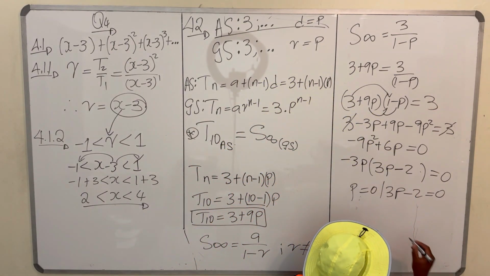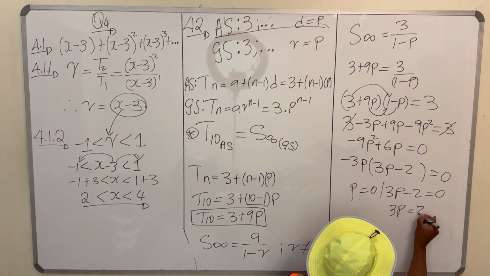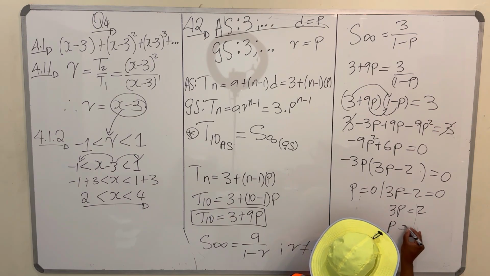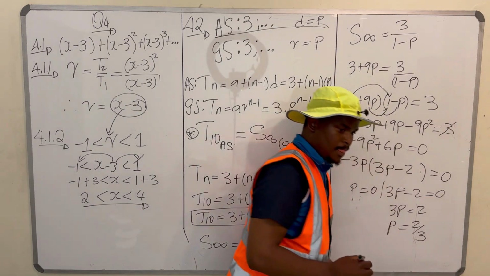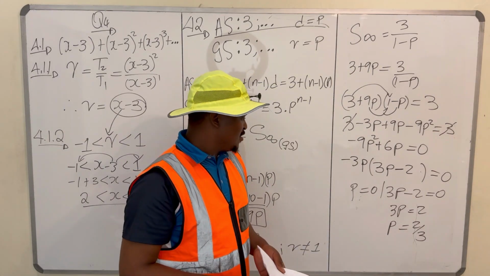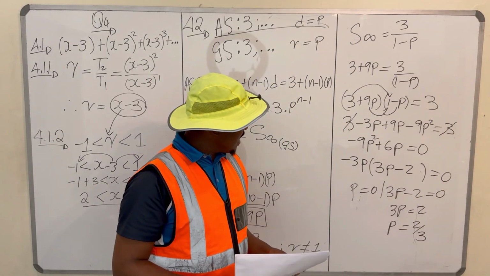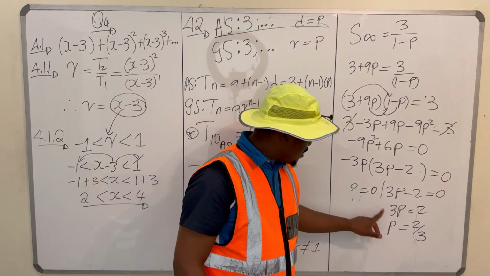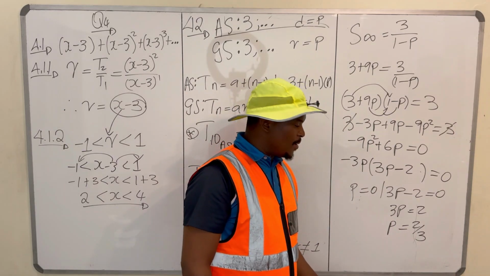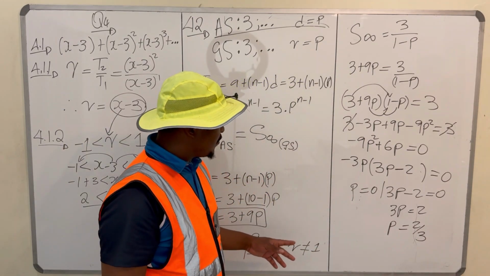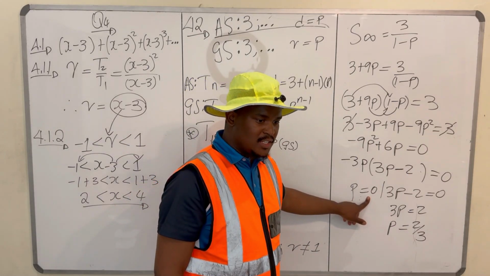So now your 3P is equal to 2. Your P is equal to 2 over 3. Right? So now we have to decide which P is correct. Is it this one or that one? Both of them are values of P. What is P? P is the ratio, right? Yes.